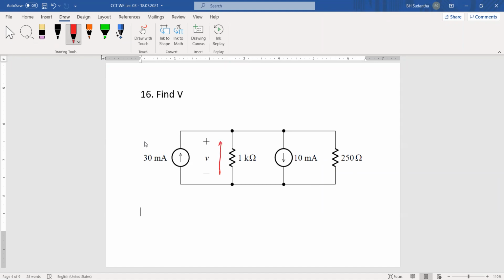This V is across this one, and across this resistor V is there. Then you can find V for whatever the places. You can apply whatever theorems you know, then try to find the voltage across any of these devices.